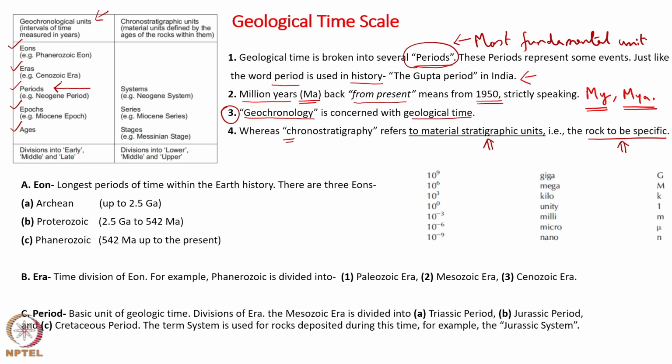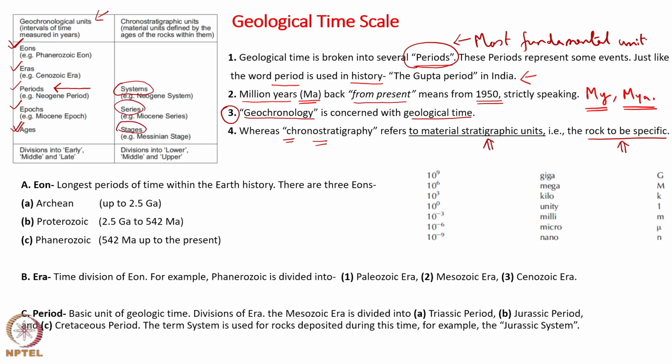So, it is neither the largest time unit nor the smallest. The largest unit is eon and the smallest one is age. Now, in terms of chronostratigraphy, there are equivalent terms. Period is equivalent to system, epoch is equivalent to series, and age is equivalent to stage.